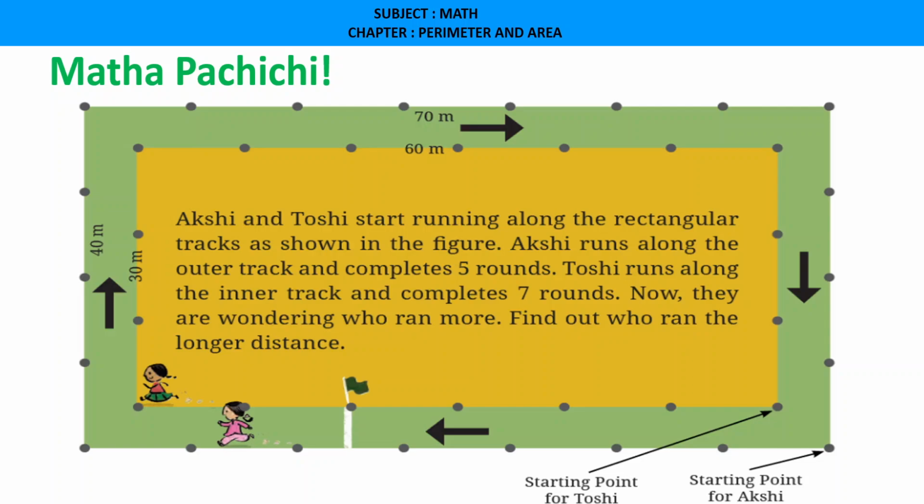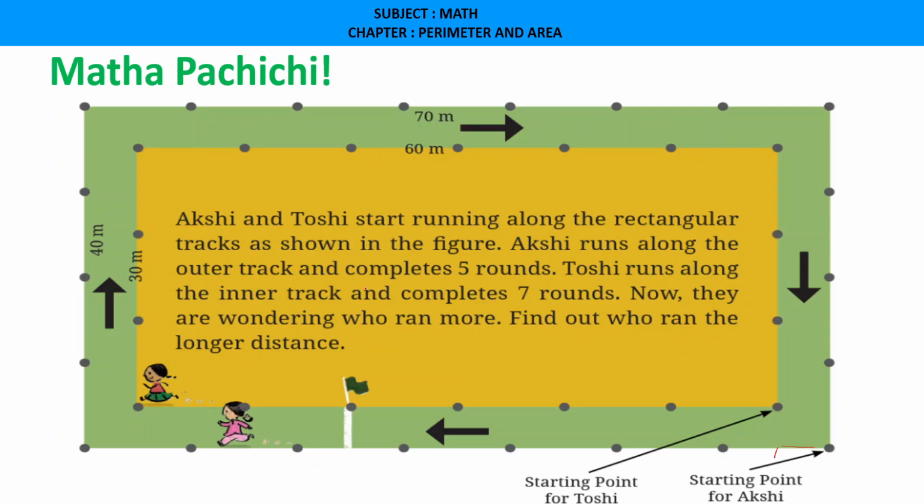Akshi and Toshi start running along the rectangular track as shown in the figure. Akshi starts running along the outer track. So here there are two tracks. This is the outer track, and Akshi completes 5 rounds.